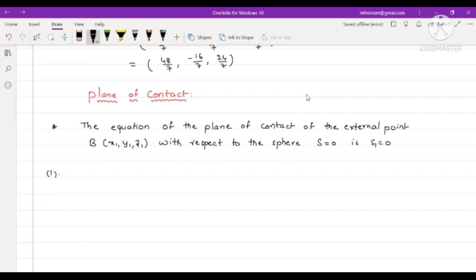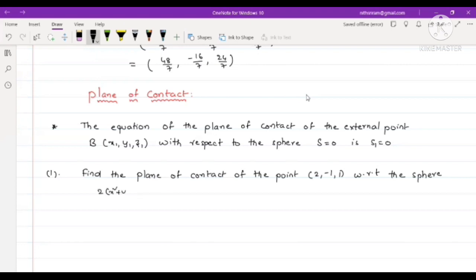Coming to the problem: find the plane of contact of the point (2, -1, 1) with respect to the sphere 2(x square plus y square plus z square) minus 10x plus 6y plus 4z plus 5 is equal to 0.